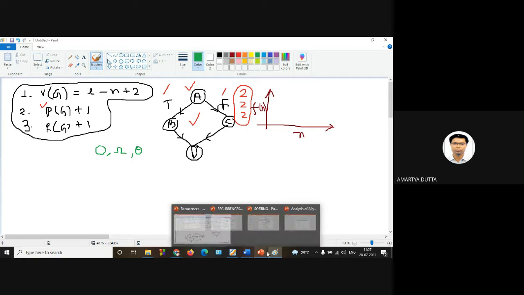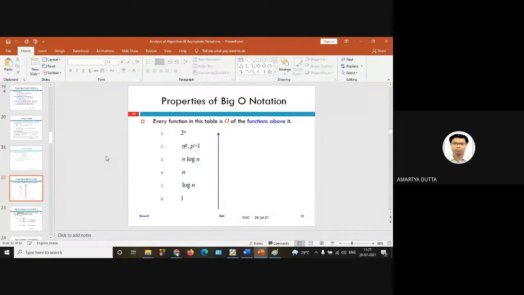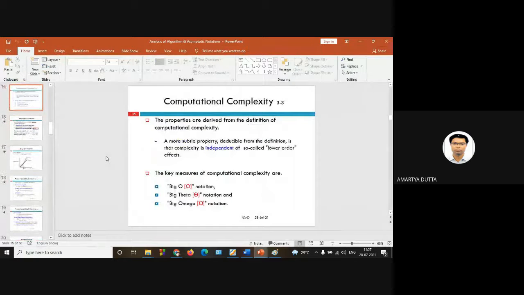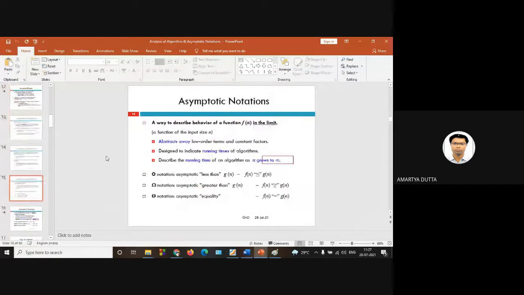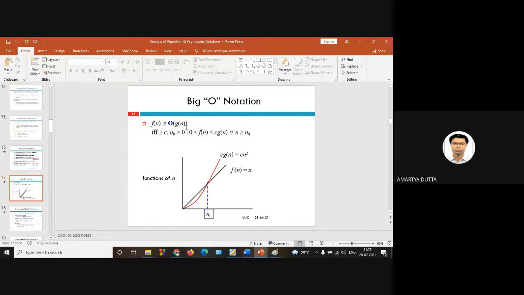Big O notation, that is, Fn is big O. So here Fn is n and Gn is n square. Which one is faster? Gn is faster than Fn after a certain limit. That is, after n0, your input size n0, your Gn will grow faster than Fn.